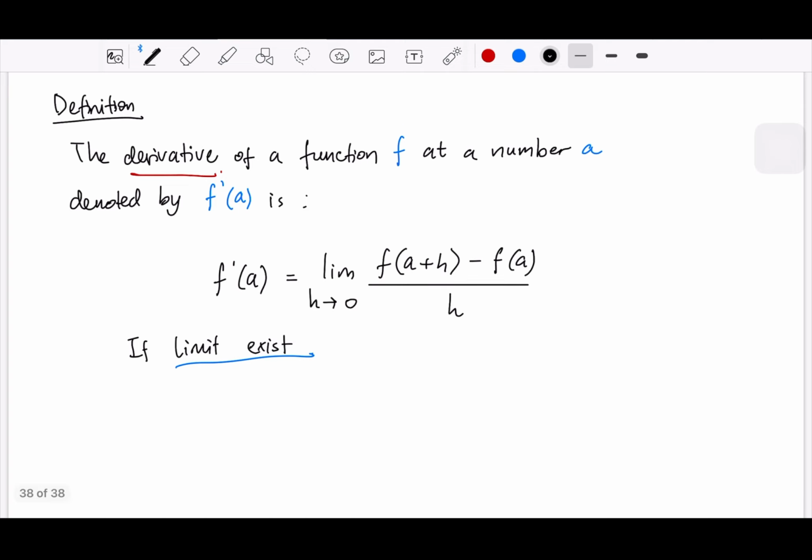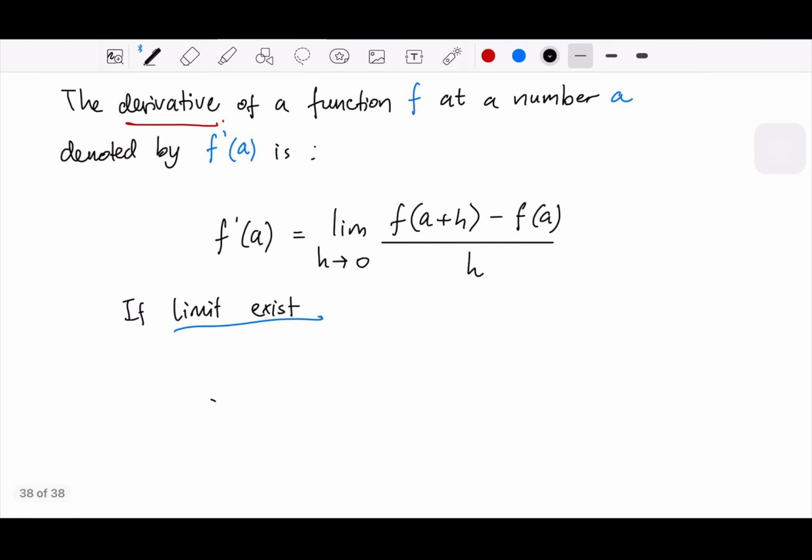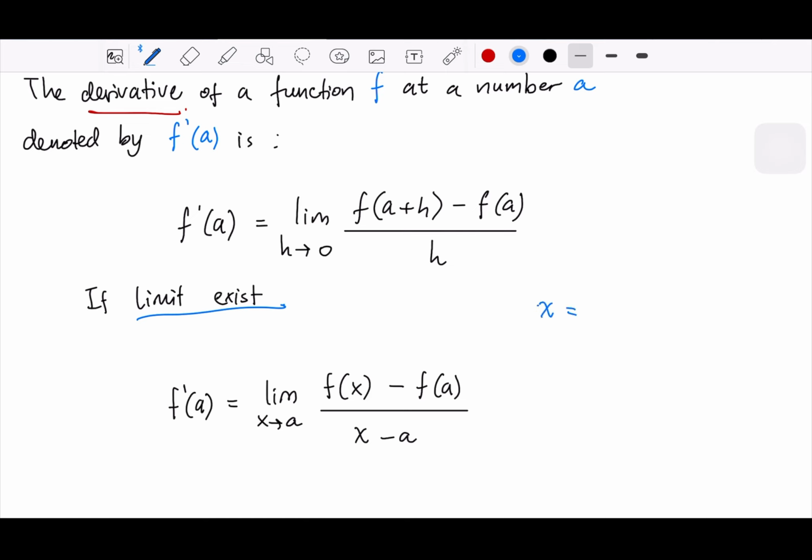And also the same thing with the other forms. We have another form, right? To connect this, we can imagine that x is the distance from a after adding the h, or we can say h is x minus a.